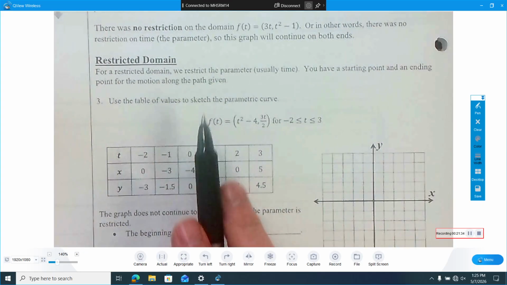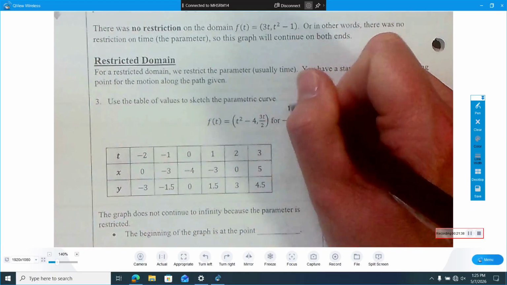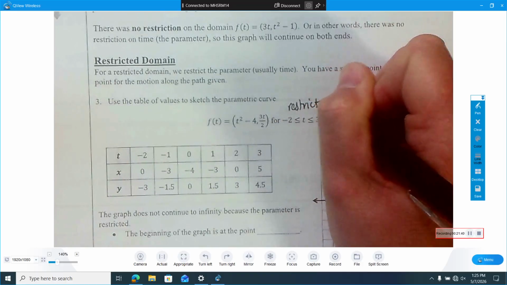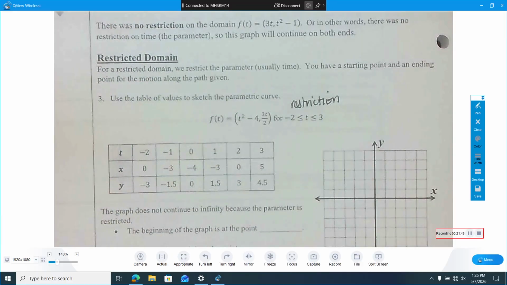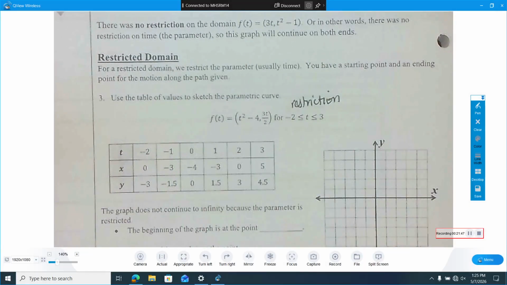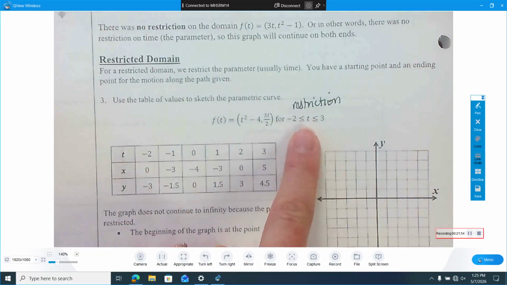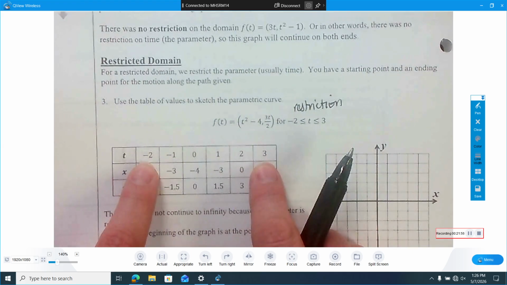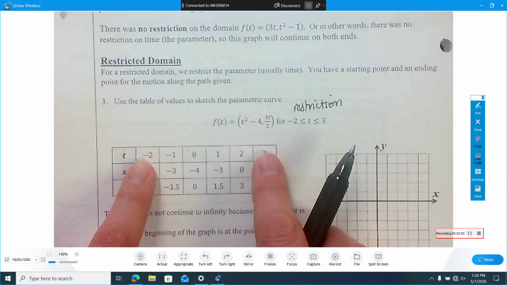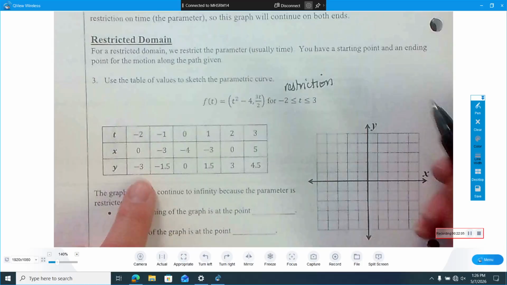But sometimes we have restricted domains, which you can see here's that sort of restriction on t. So restricting that time parameter, we have a starting and an ending point for motion along that path. And so because that parameter is on there, we're only interested in the time values between -2 and 3. So let's go ahead and plot those points.